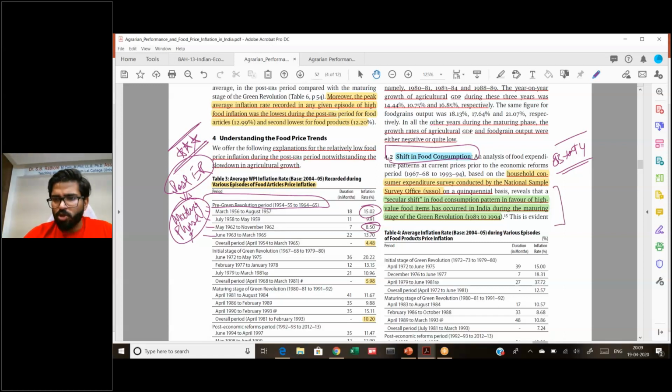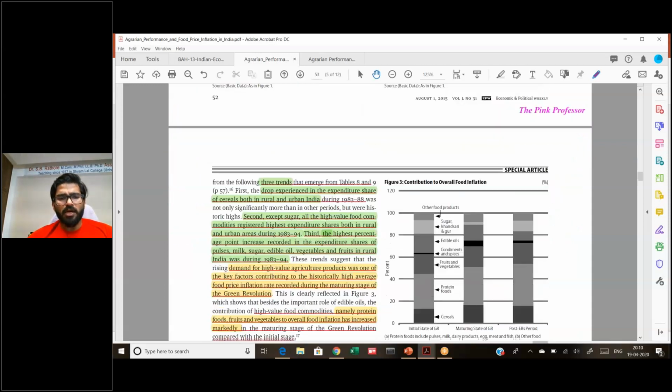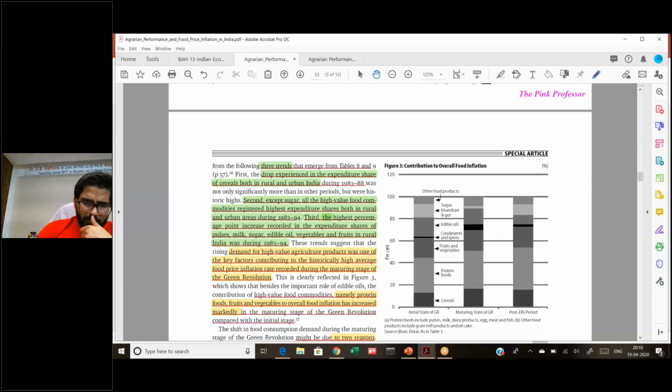This we have also talked about in the first reading in agriculture, the conundrum part, that people have started consuming less of cereals and are moving towards high protein items. If we see what the trends are, the first is the drop in the expenditure share of cereals in both rural and urban areas.